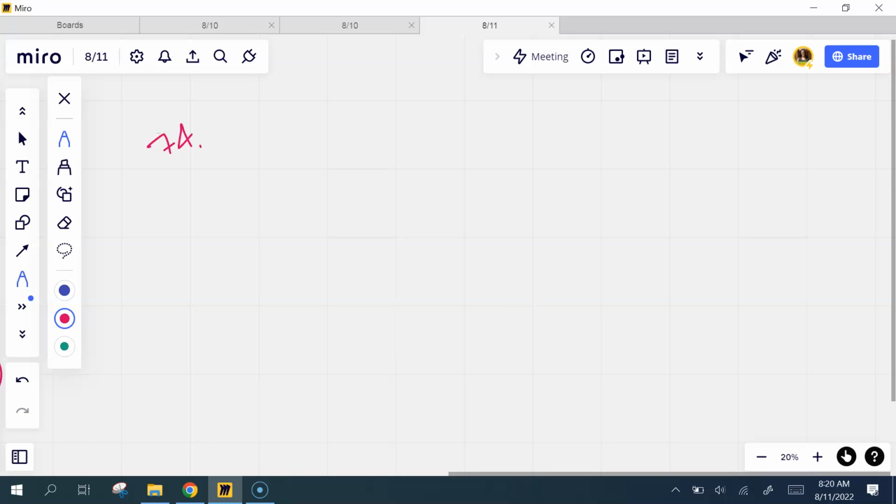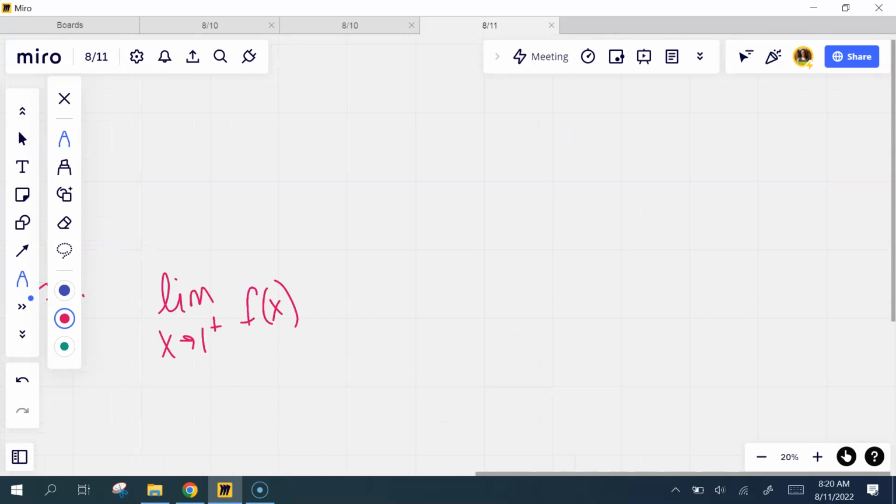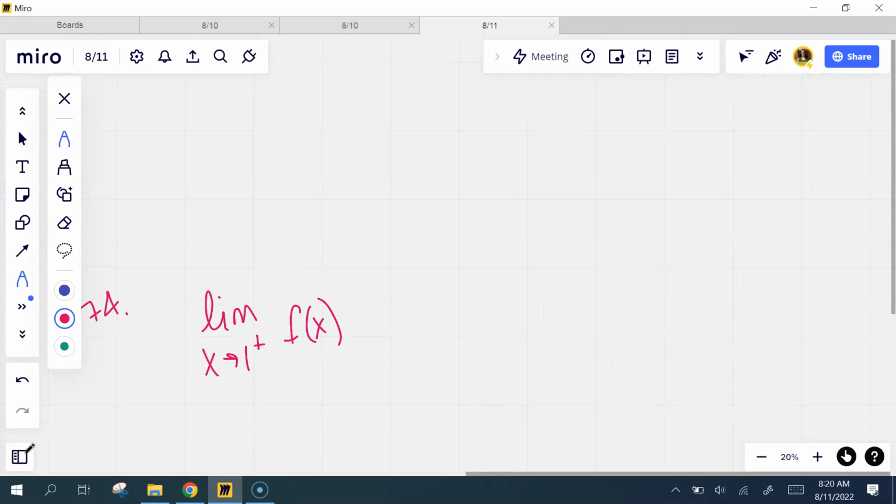What is the value of the limit as x approaches 1 from the right of f of x? I guess you need, we haven't done a whole lot where we do it algebraically, have we? We should talk about this for a minute.